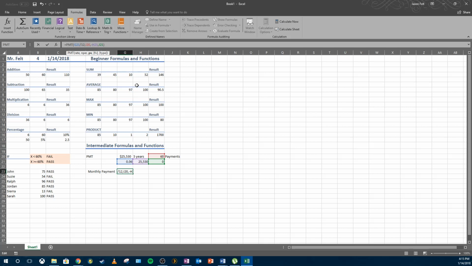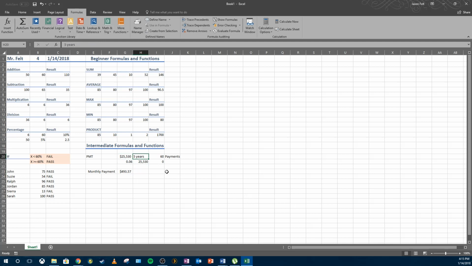Okay, because a negative and a negative make a positive. So my monthly payment on that car, over $25,000 over 5 years, after paying $493.57, I will pay it off after 5 years. So that's a pretty average monthly payment for that.